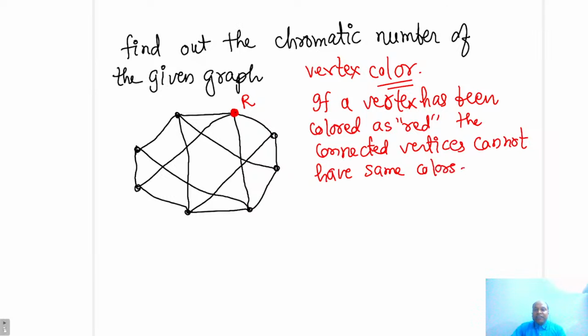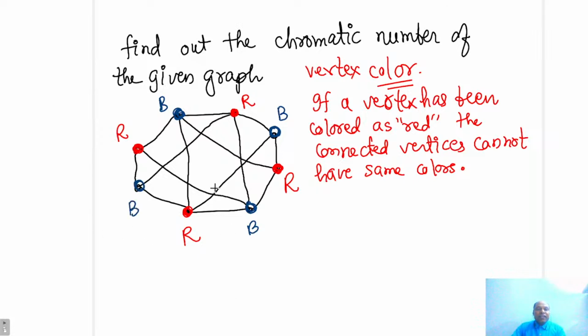So I cannot give the same color to this, this and this. I can give this particular one red color. If I give red color here, I cannot give it to this, this and this. But I can give red color to this too. Now if I give this particular one blue, I can give this as blue, this as blue, this as blue.